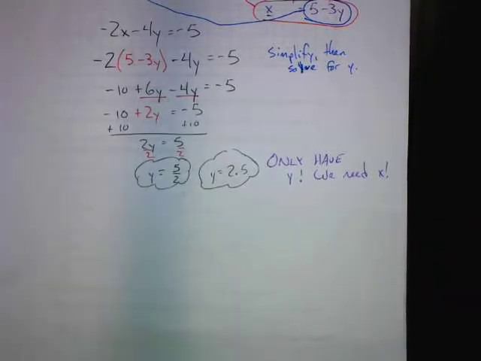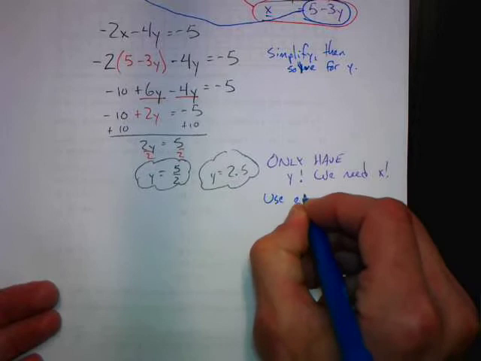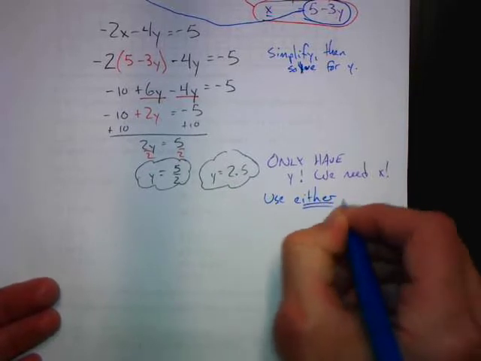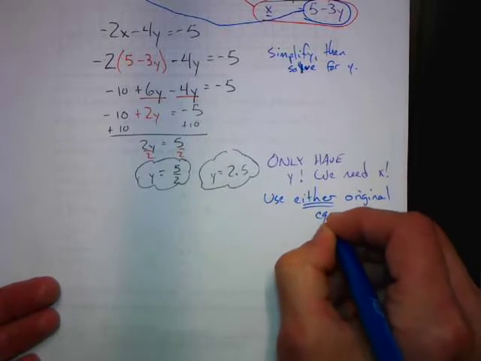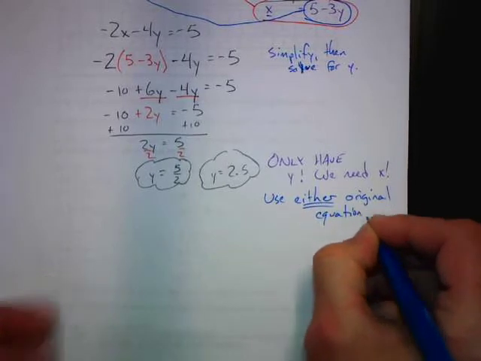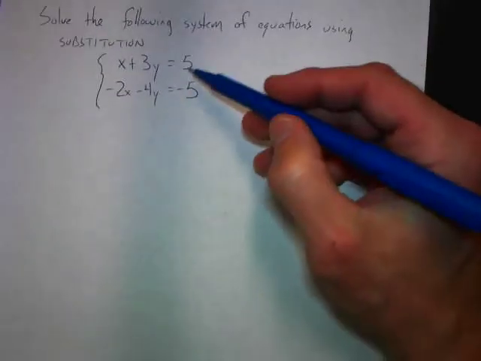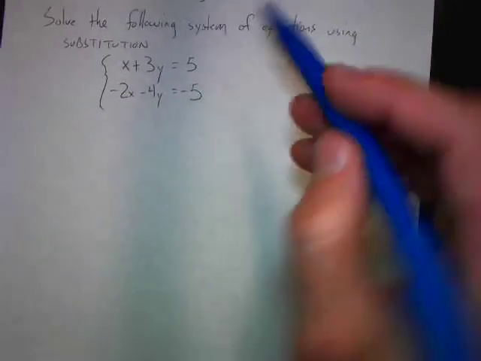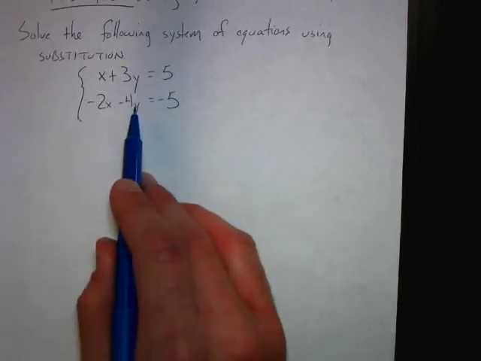We can use either of the two original equations, and then we can find x. It doesn't matter which one. You can use the top one, you can use the bottom one. We can use this equation, plug that y in and find x, or we can use this equation, plug in the y and find x.